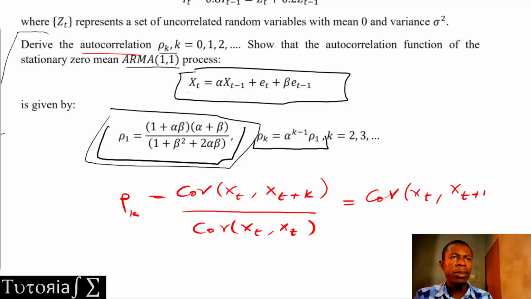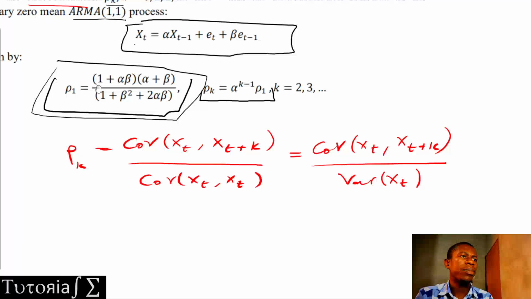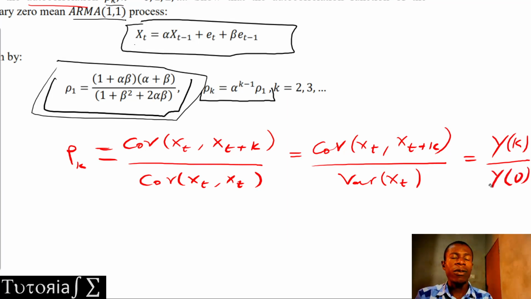In short, this can be written as gamma k over gamma 0. So the variance is when k is 0, and the covariance is at k.